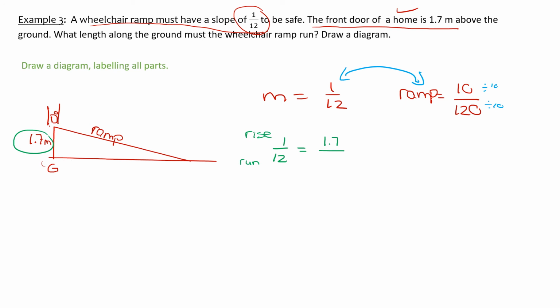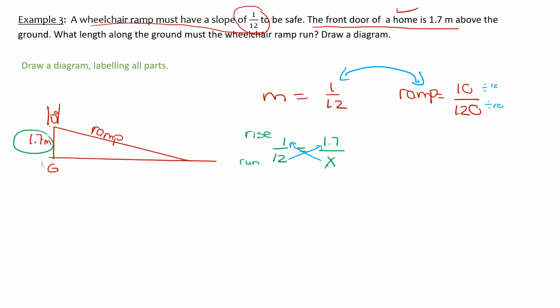How am I going to figure out the run? So I'm going to change that question mark to an X. And then we are going to cross multiply. So I'm going to multiply this X up to the 1, and I'm going to multiply the 12 up to the 1.7.